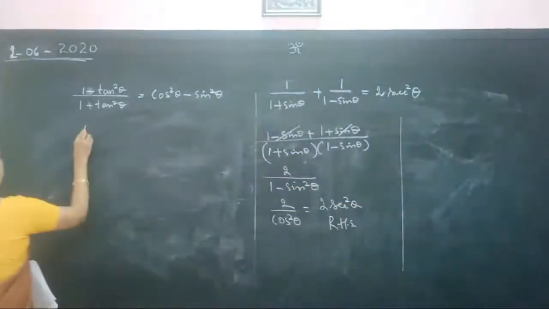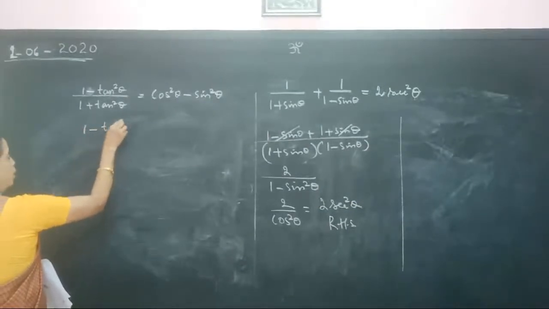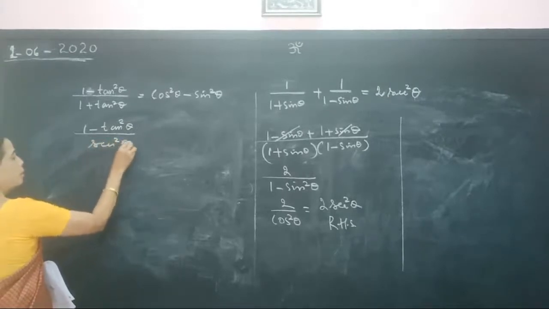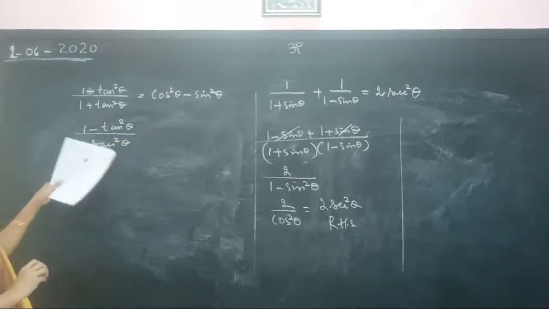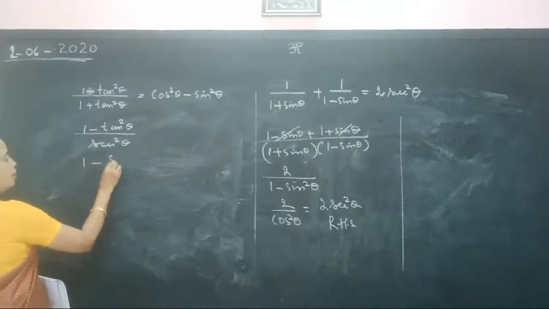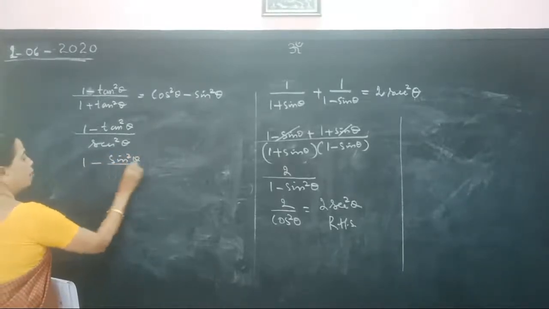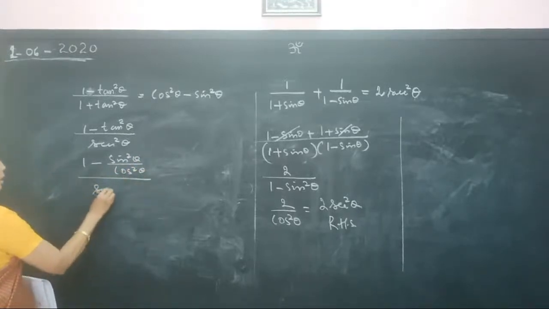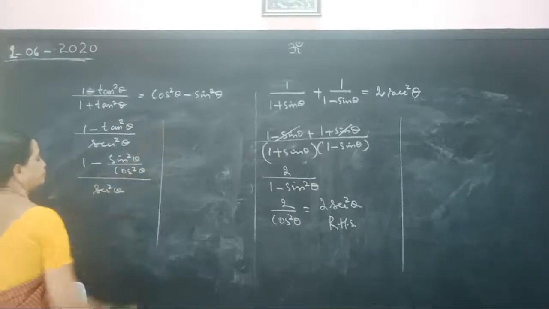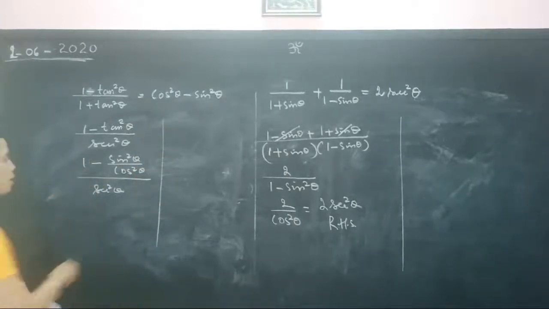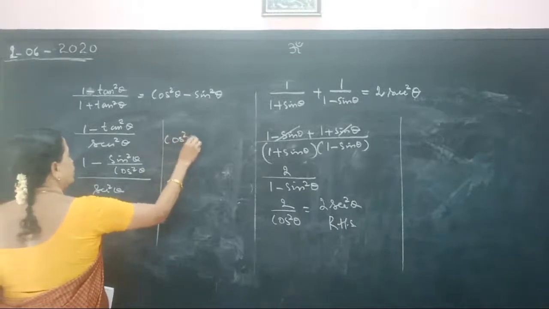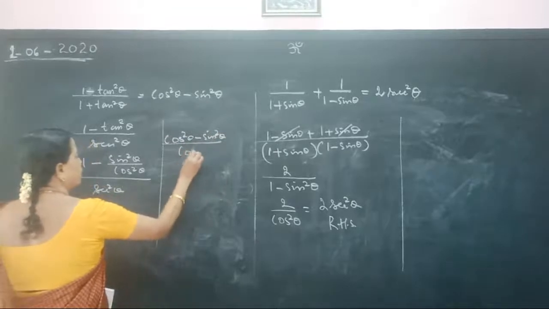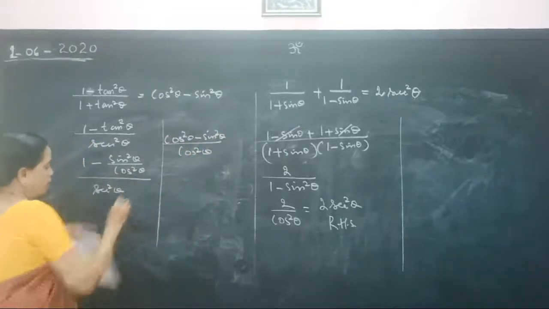You write 1 minus tan square theta, and 1 plus tan square theta is secant square theta. Further, we can write the numerator tan square theta as sin square theta by cos square theta, divided by secant square theta. Now, taking LCM, it becomes cos square theta minus sin square theta by cos square theta, divided by secant square theta.